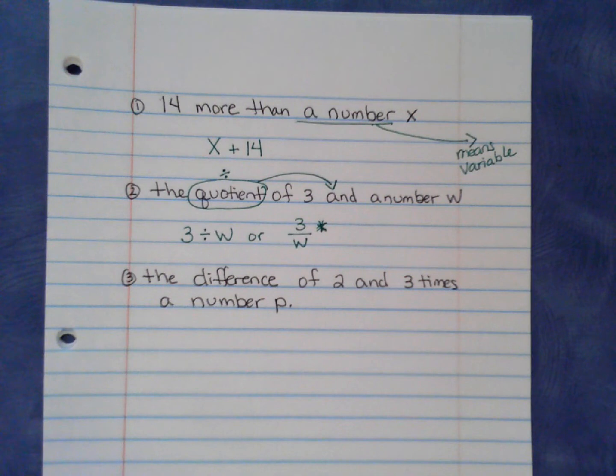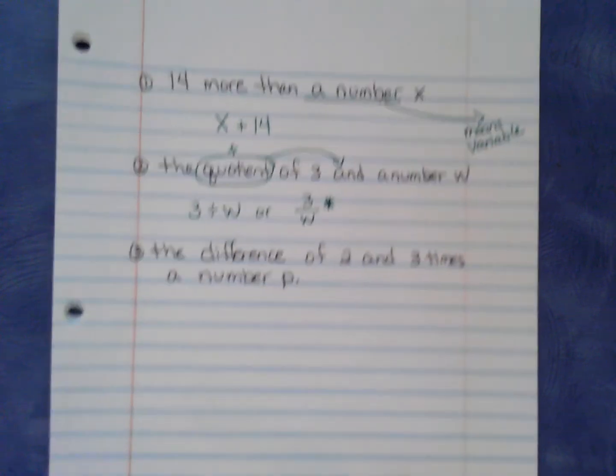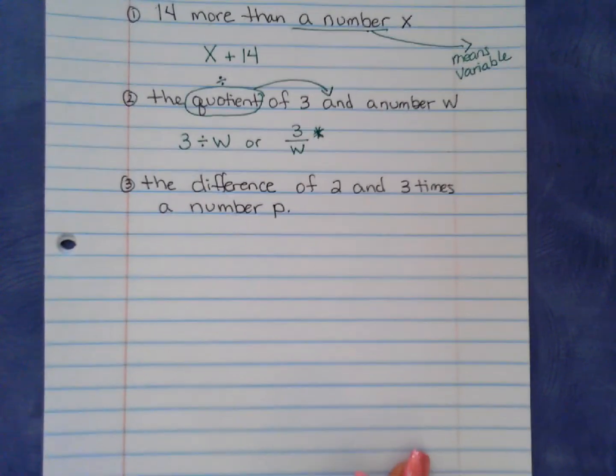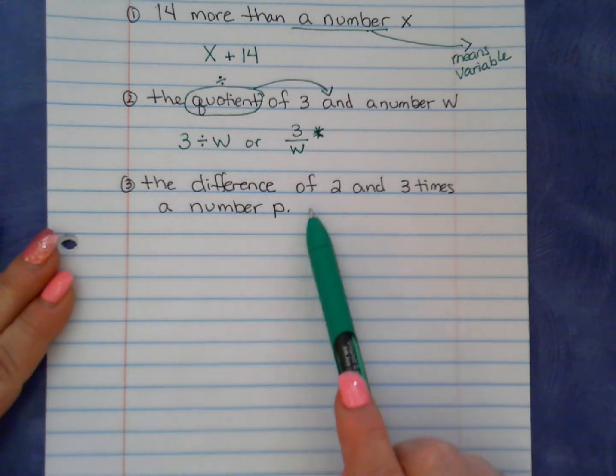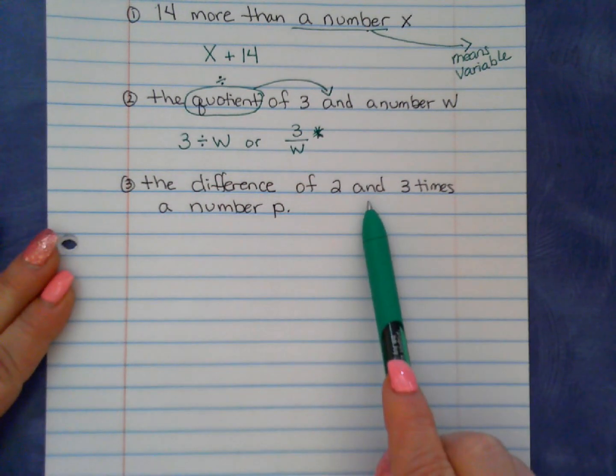We should try and make sure that we keep our variables as lowercase. All right. Okay. Hopefully you're kind of doing this in your head already. You're seeing a pattern. Well, I see the difference of 2 and 3 times a number P.